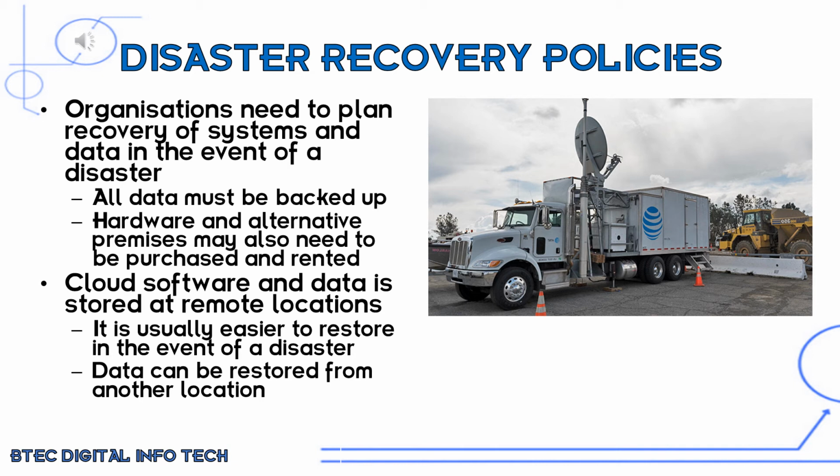So one thing that you can do is buy or rent alternative premises. That could be a different office building that you might need to rent or purchase temporarily to get back up and running again. Now, cloud software and data is stored in different locations, so that's obviously a lot easier to restore because we know that it's safe in a different position in the world.